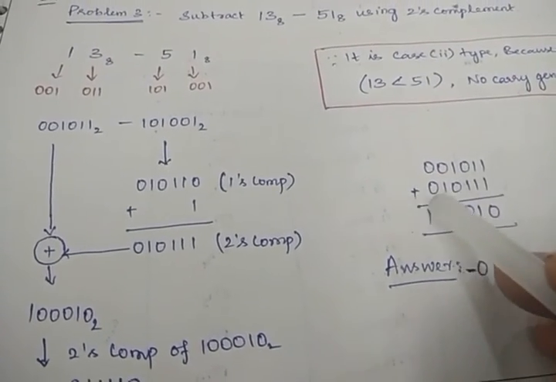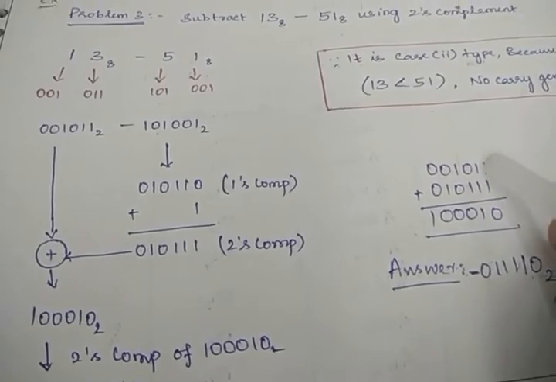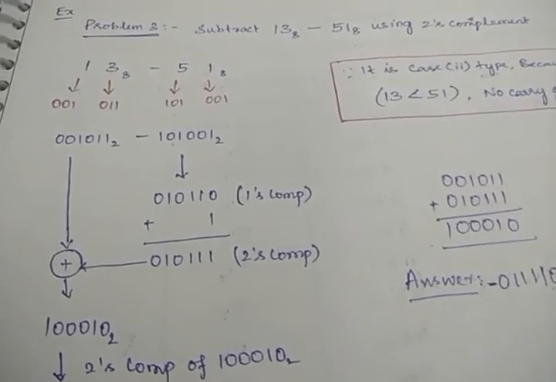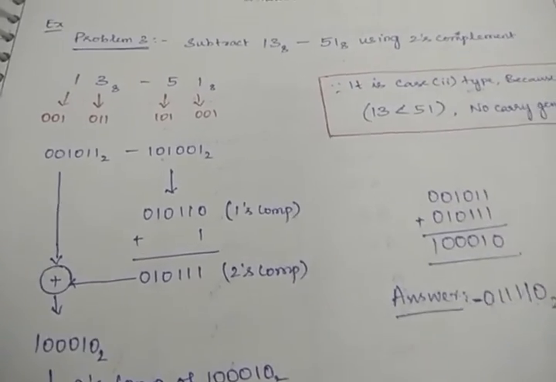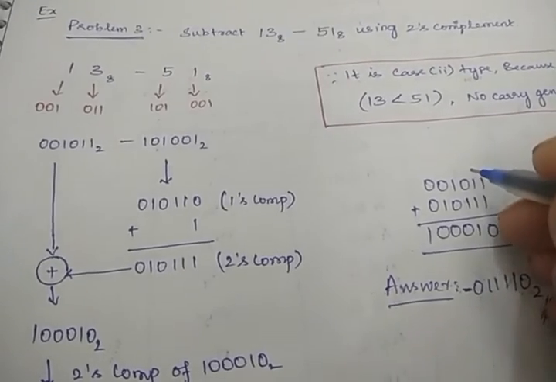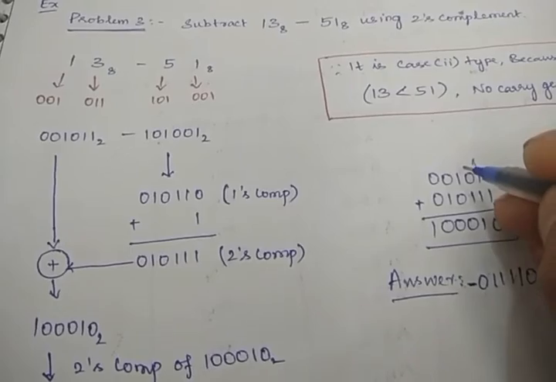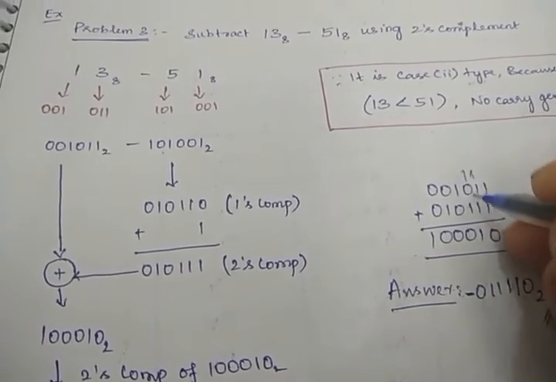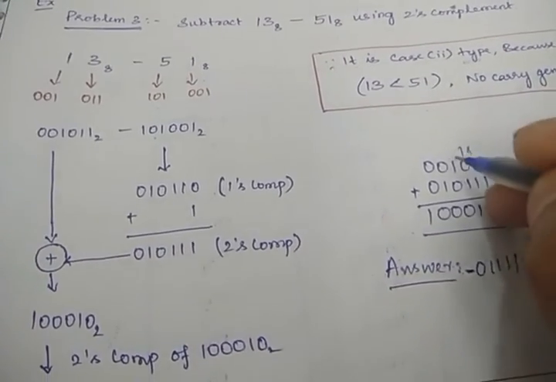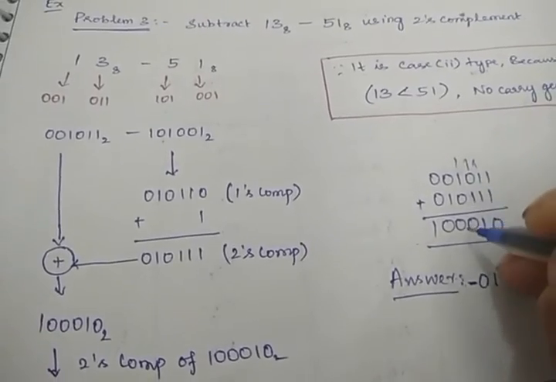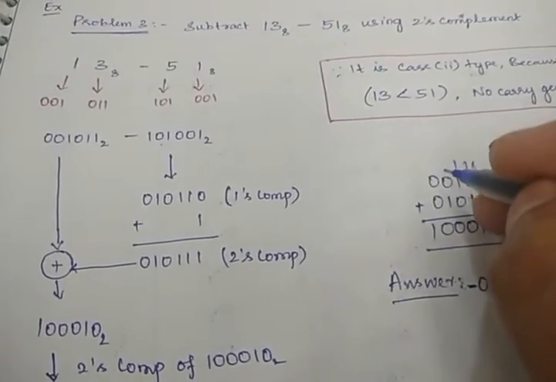001011 plus 010111. So 1 plus 1 means 0, remainder 1. 1 plus 1 plus 1 means 1, remainder 1. 1 plus 1 means 0, remainder 1. Again it is 0, remainder 1.